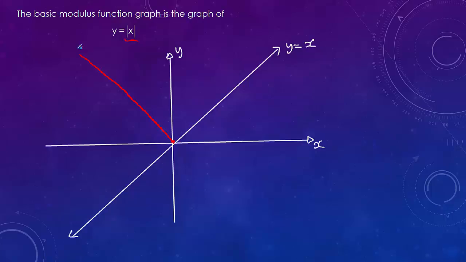And so it will actually reflect upwards, and we lose this bit. So y equals mod x looks like this. It's still y equals x along this section, but this section is actually part of y equals negative x, and it just has a sort of right angle turn here at the origin.